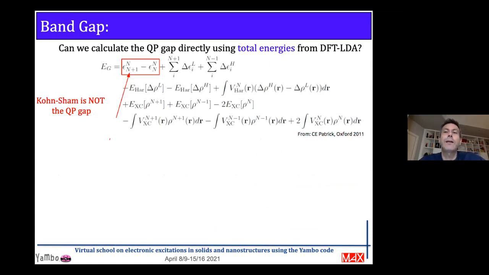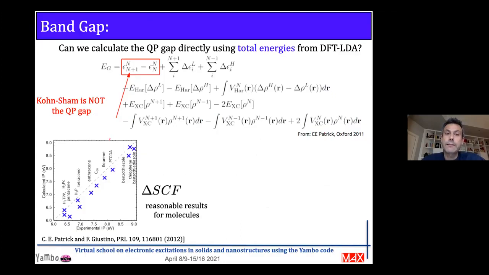Here, if we look at the gap as a difference of eigenvalues, we realize that it's not the right definition of the gap. Doing some algebra from the total energy of a DFT calculation, we can see there are many terms missing. But if we calculate using energy differences, for instance, here is a set of molecules, we see that we can find reasonable results.